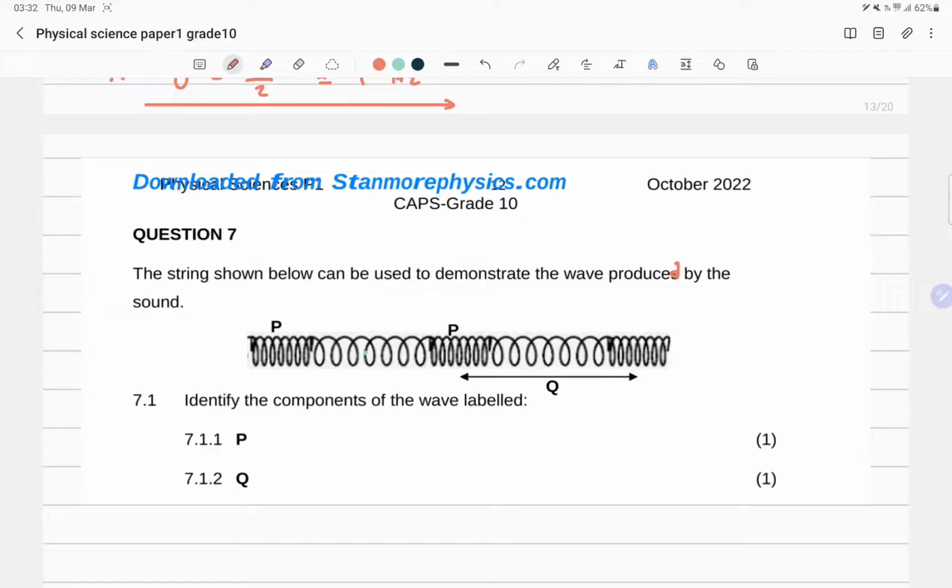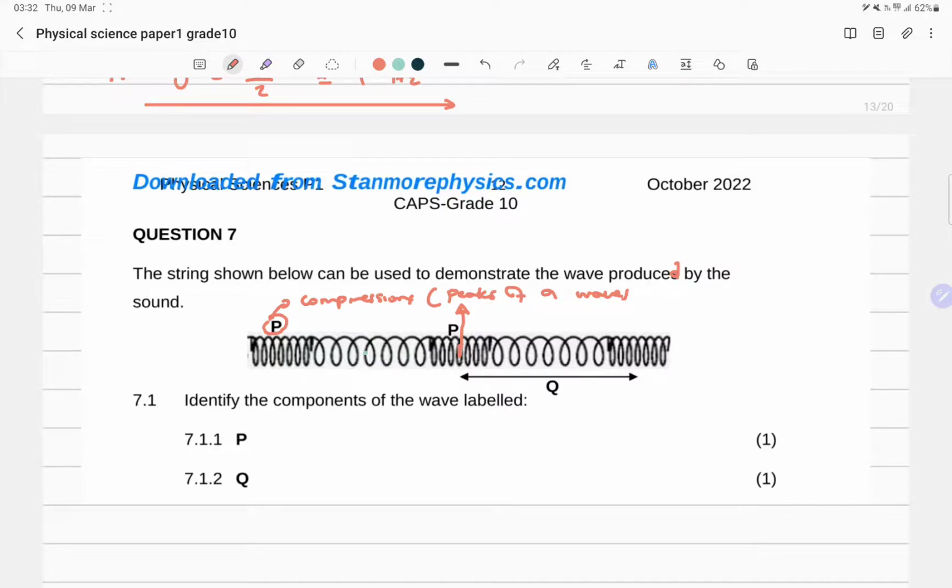And then, of course, we know that these parts are compressions. Compressions coincide with the peaks of a transverse wave. The center of the compressions effectively coincides with the peak of a wave.